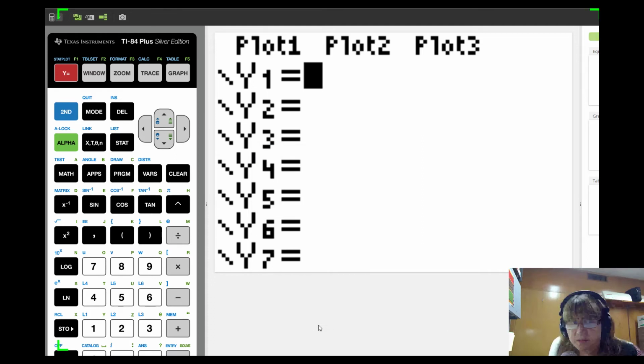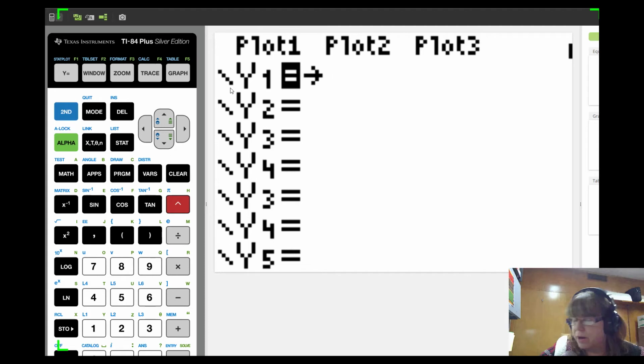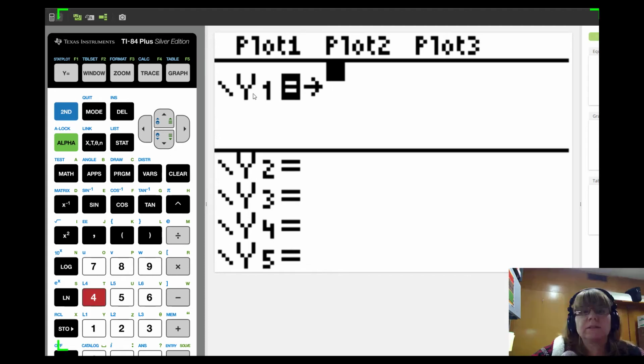Okay, so I've pulled up my TI-84 Plus calculator app, and I'm going to put in our f of x. My little graphing thing is not working well.